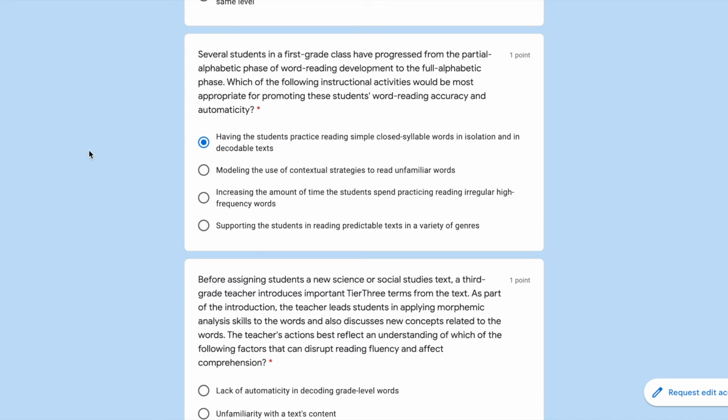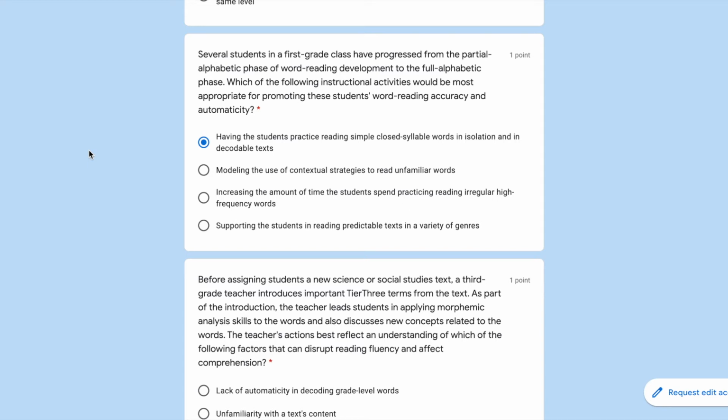The best answer here is letter A, and that's because the students in the full alphabetic phase of word reading development need multiple exposures to explicitly taught syllable types to consolidate their learning and develop automaticity, which is an essential component of reading fluency.